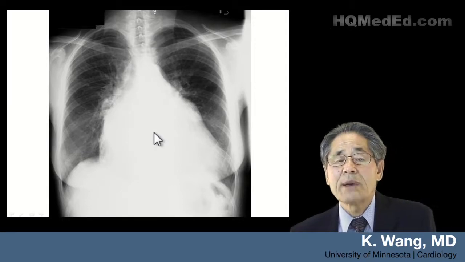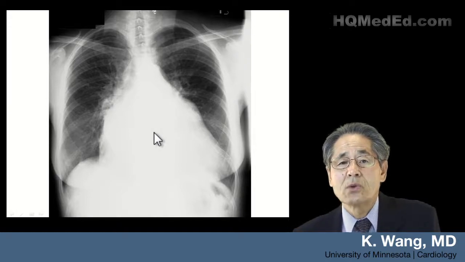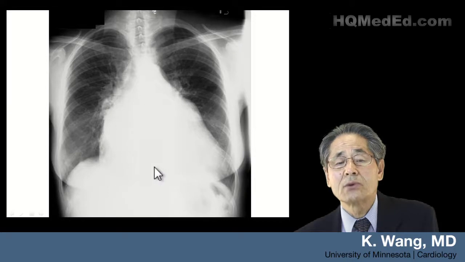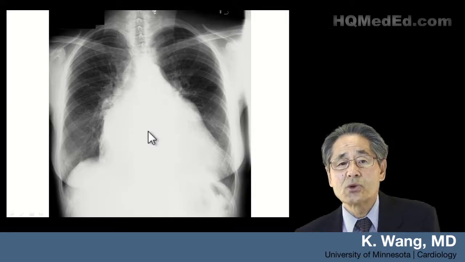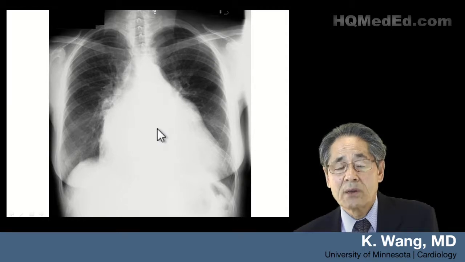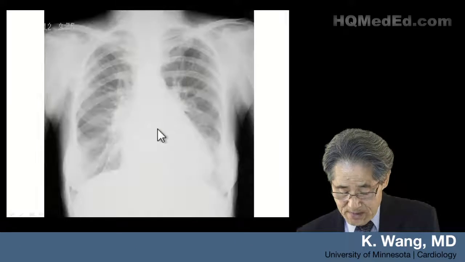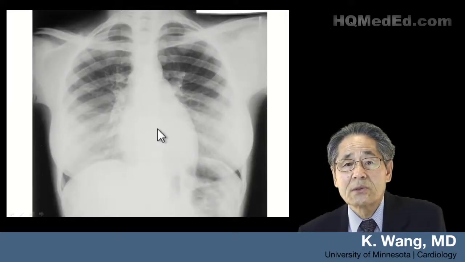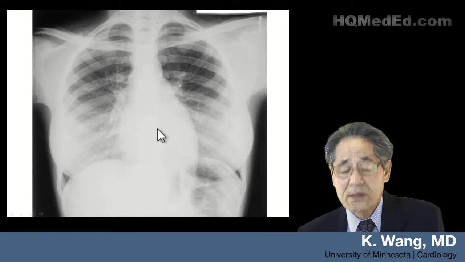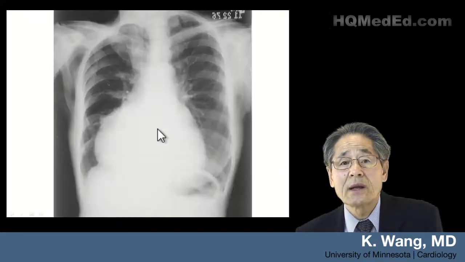Nowadays, we don't let patients go this far, so you may not encounter a chest X-ray silhouette looking like this. But in the olden days, yes, this would be typical combined mitral stenosis and insufficiency. And this will be more or less pure mitral stenosis. So you can tell them apart.